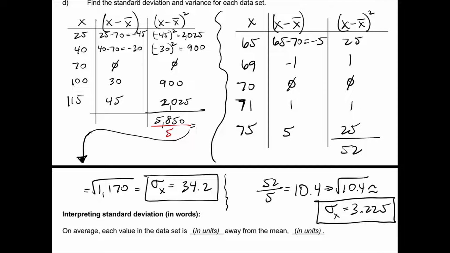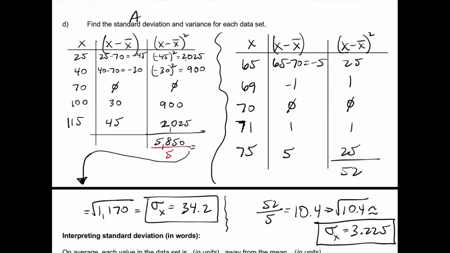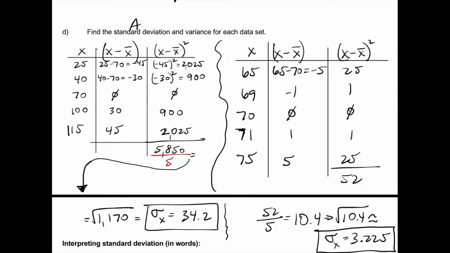Why are these numbers in B a lot smaller? What's causing that? They're all very, very close to the mean. Even the ones that are farthest away are 5 away from the mean. In list A, the closest they were besides 0 was 30. They're all a lot closer to the mean.